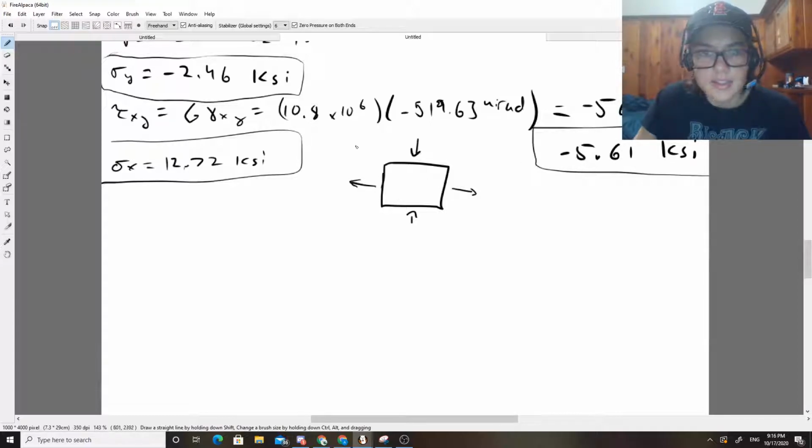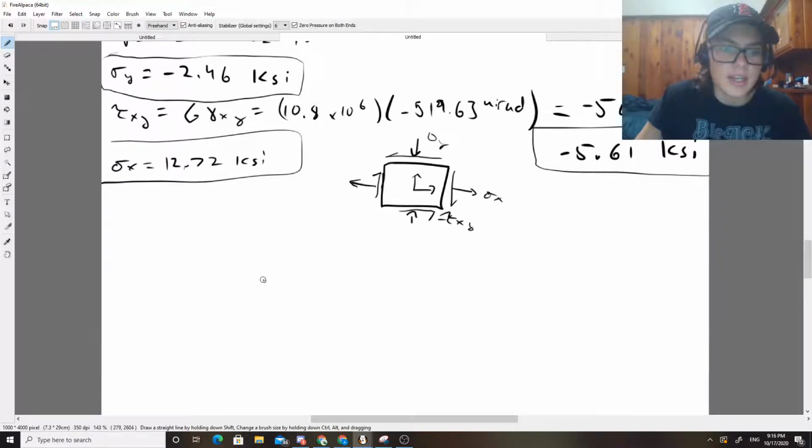And since our tau xy is negative, it's going to be this way. That makes sense, because if your positive y is that way and your positive x is this way, a negative y value multiplied by a positive x value gives you a negative tau xy. This is stress at x and this is stress at y.